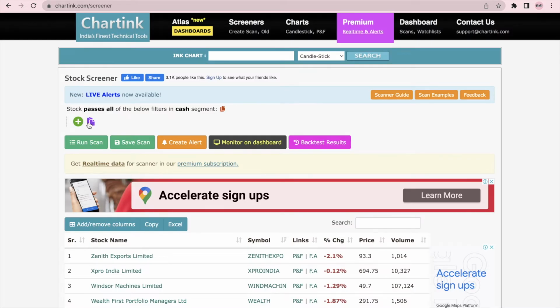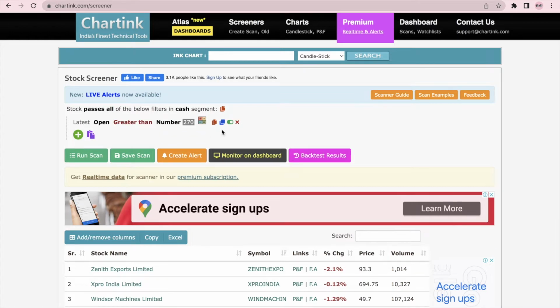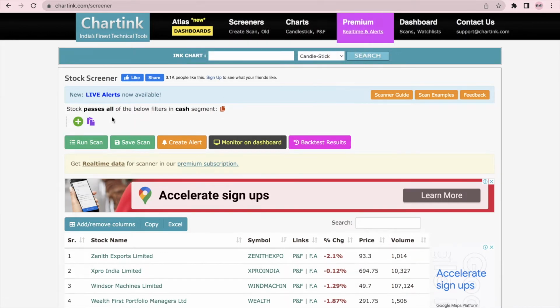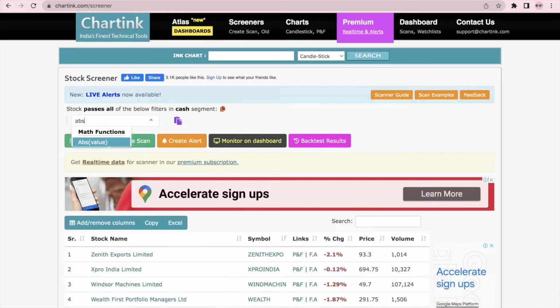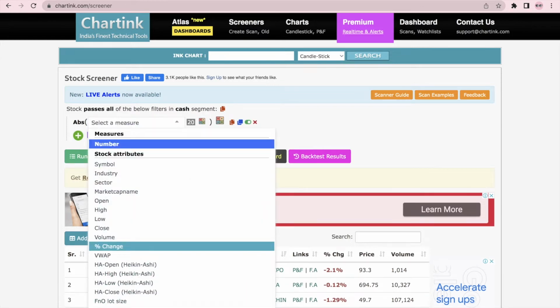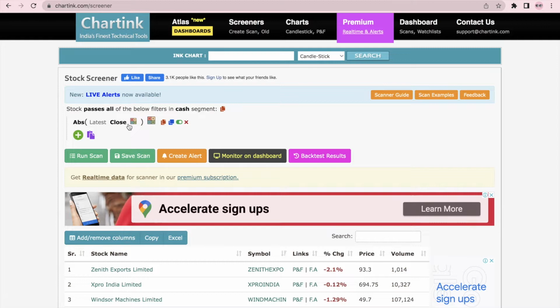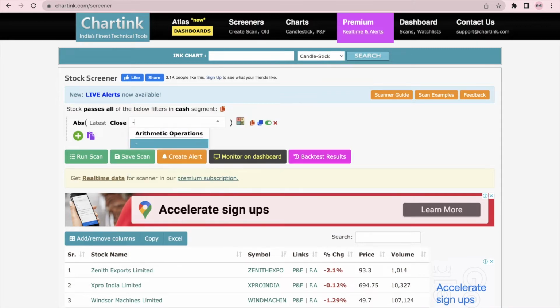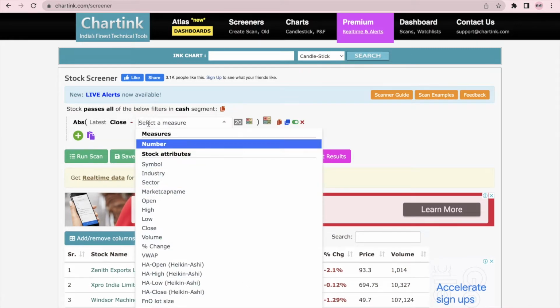So what we'll do is here we'll say absolute. So absolute will give you just the absolute number, not the negative sign, right? So here we say absolute, and in case of number, we'll say close minus open. You could also say open minus close.